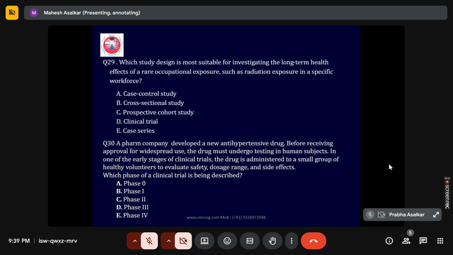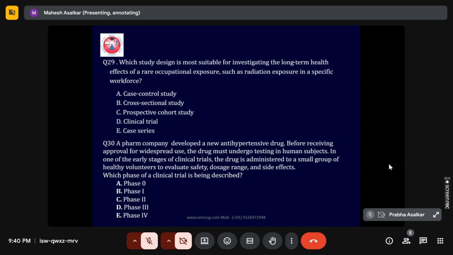Next question. Question 30. A pharma company developed a new antihypertensive drug. Before receiving approval for widespread use, the drug must undergo testing in human subjects. In one of the early stages of clinical trials, the drug is administered to a small group of healthy volunteers to evaluate safety, dosage range, and side effects. Which phase of clinical trial is being described?